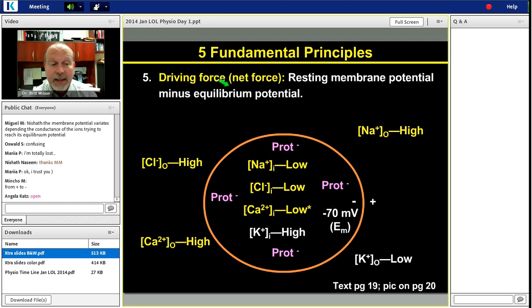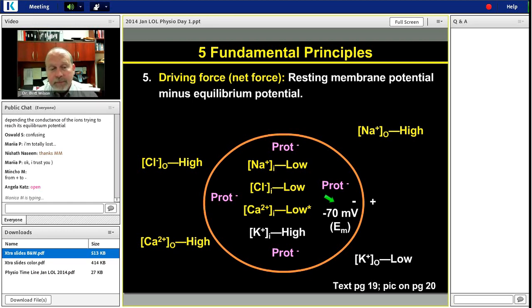All right, let's sit back. I want you to look at that. Just think about it. Driving force is how far an ion is from equilibrium. Stop and think about that. It's resting membrane minus the equilibrium potential for the ion. So in other words, it's how far resting membrane potential is from equilibrium for the ion. Does that make sense?